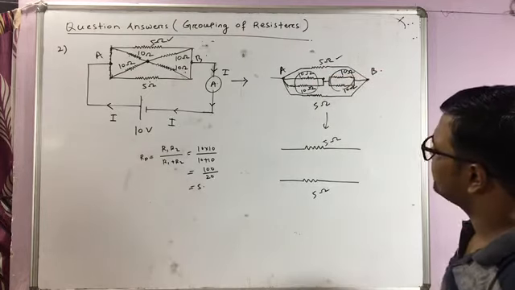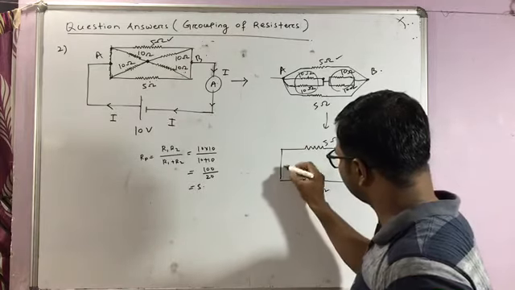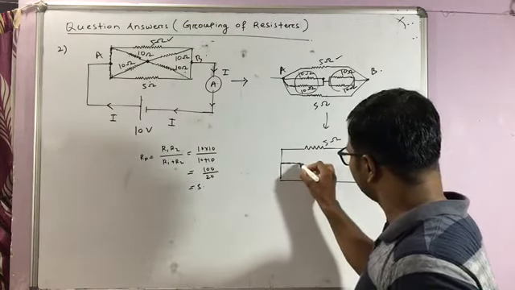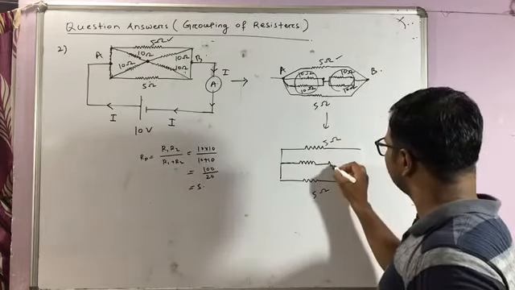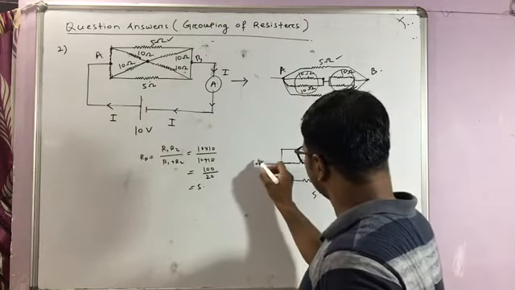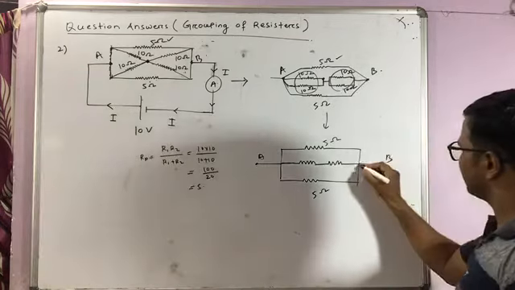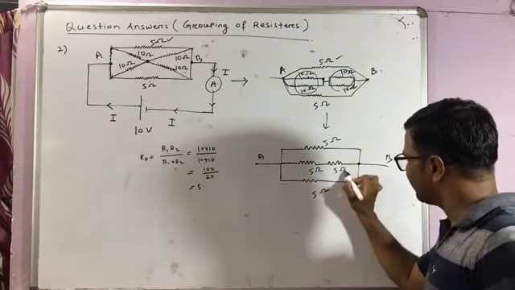The equivalent of these two is 5 ohm, and they are connected here. This is your 5 ohm and this is another 5 ohm. Got? They are connected across A and B.